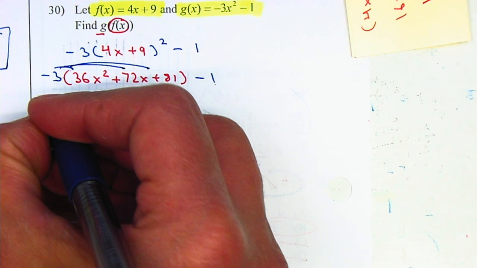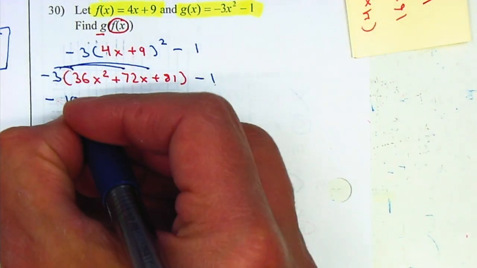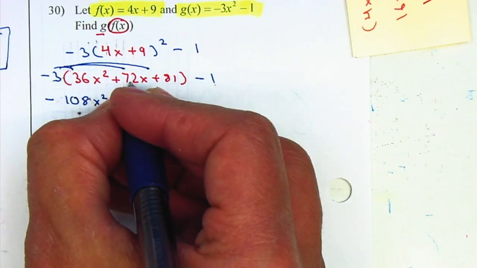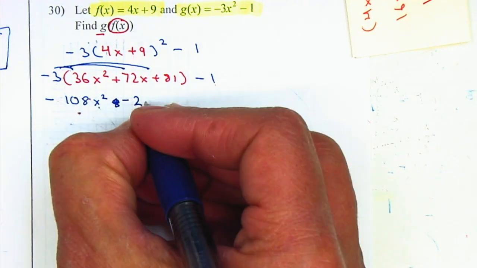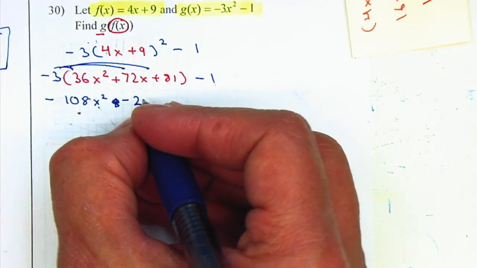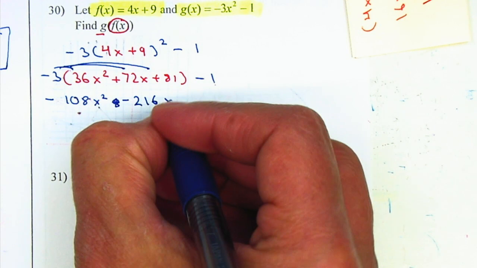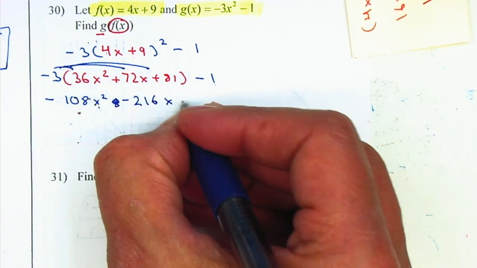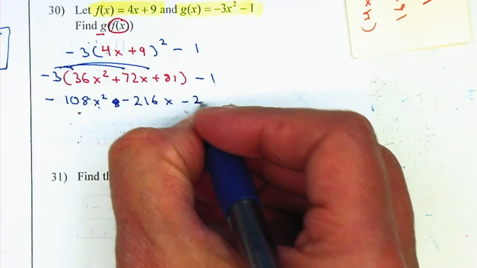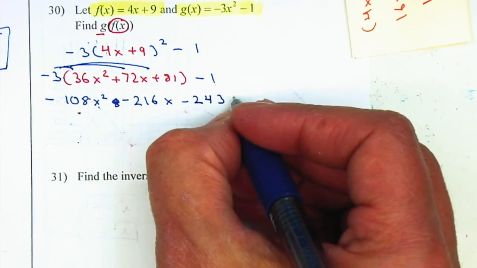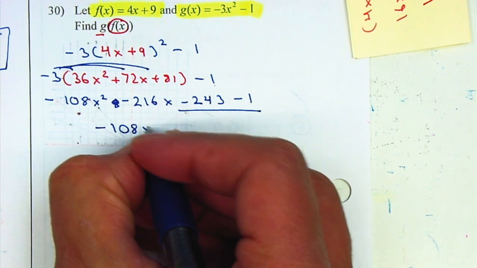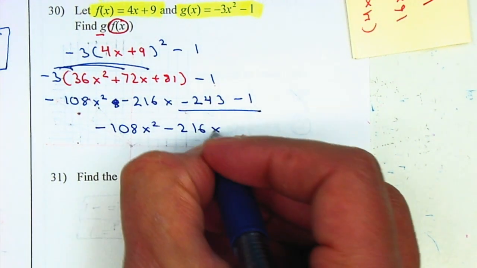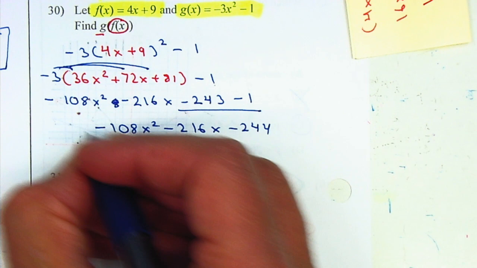That will give me negative 48x squared, negative 216x, negative 243, minus 1. I'm going to combine my like terms. Negative 48x squared minus 216x minus 244.